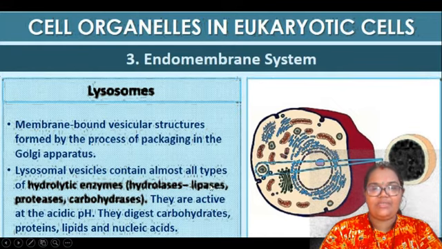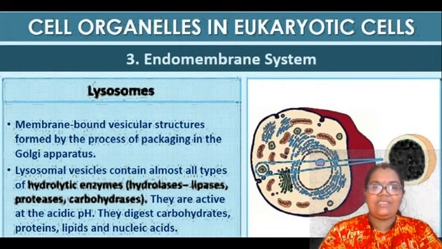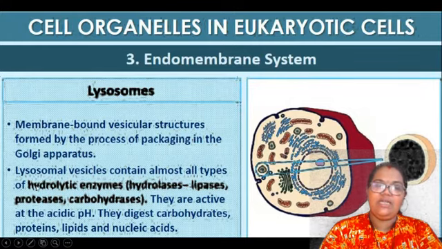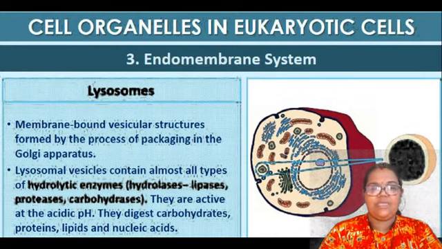They have the capacity to lyse, that is, destroy or digest, lipid, protein and carbohydrate. So generally we say that they are hydrolytic in nature. Lipid hydrolytic enzymes, proteolytic enzymes and carbohydrate hydrolysis enzymes are all available inside the lysosome.